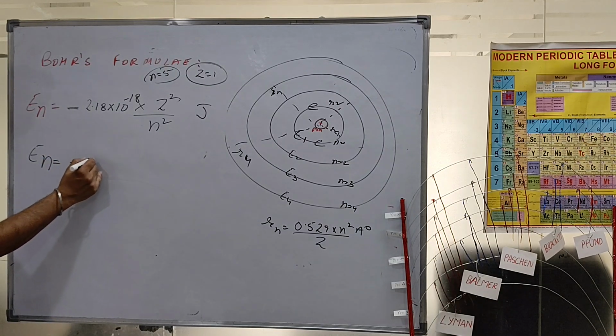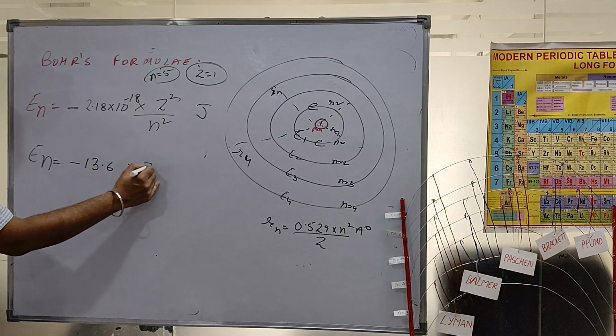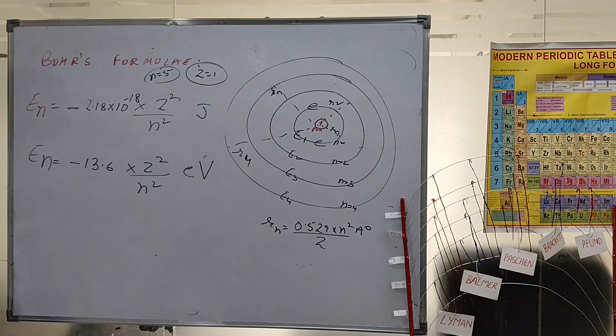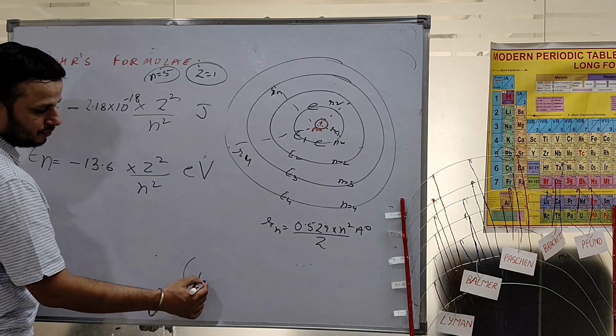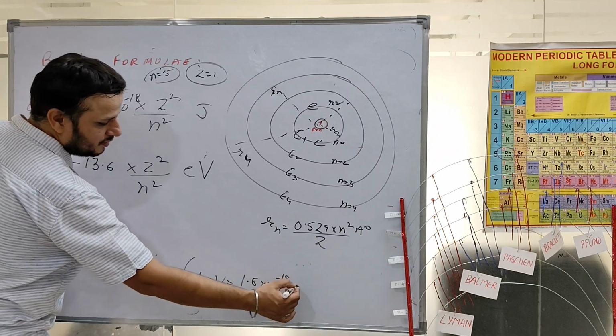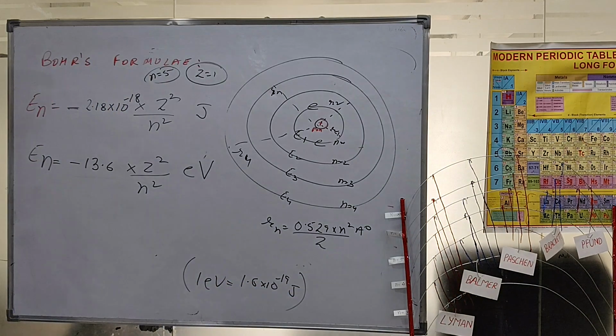Similarly, minus 13.6 into z square by n square, and that formula is in eV, and I already told you 1 eV is equal to 1.6 into 10 to the power minus 19 joules.